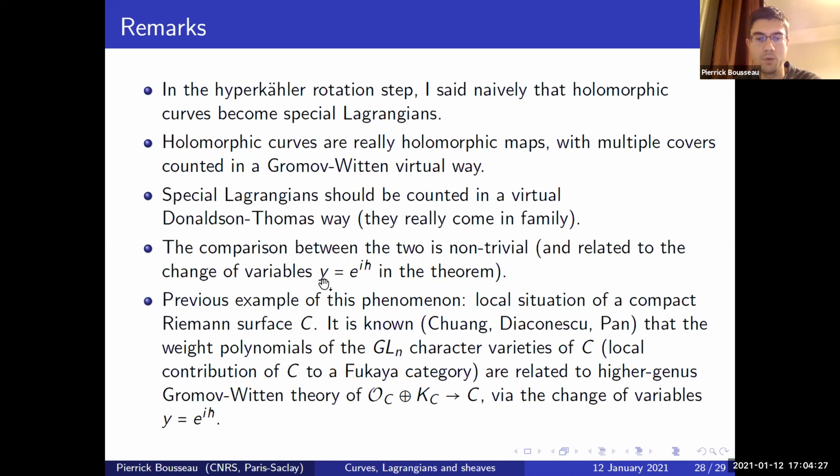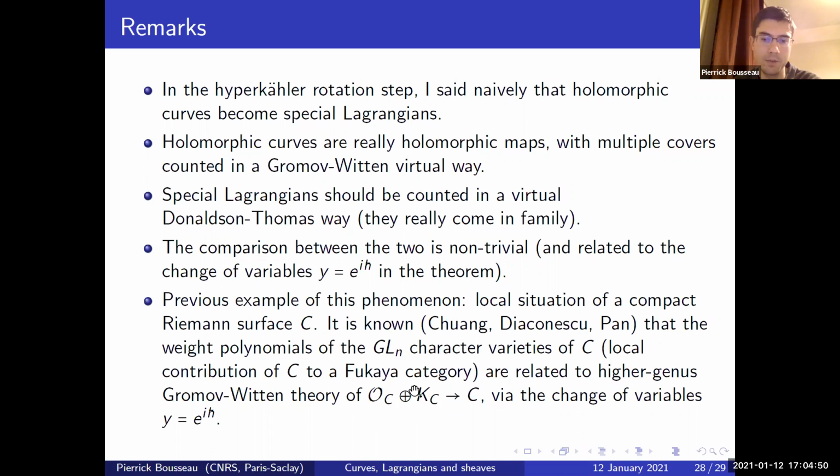So here I'm looking at a simpler geometry, just a single curve, and trying to do the hyperkähler rotation for the canonical bundle of this curve. Applying the naive argument, you expect to be able to relate Gromov-Witten theory of this curve and the geometry of special Lagrangians, which in this case reduces to the geometry of local systems, so just the character variety.